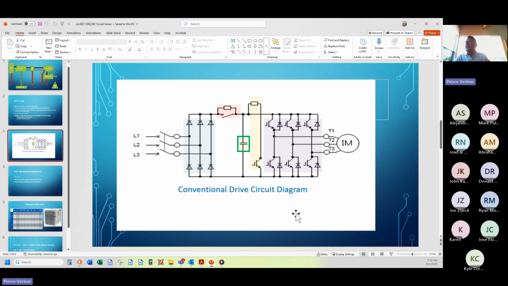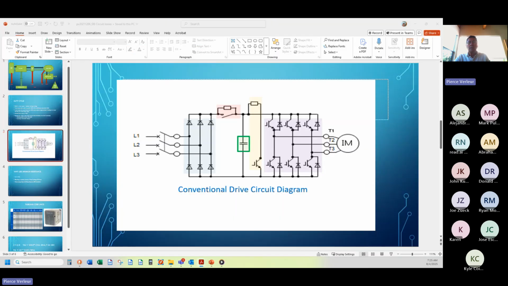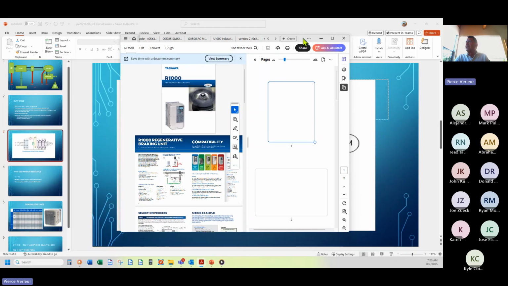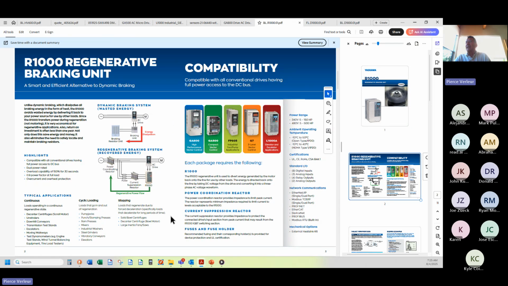Now, what are the alternatives to dynamic braking? This is a very interesting product. This is called the R1000. It's a dynamic braking transistor that doesn't shove the power back to a resistor bank like this one does.